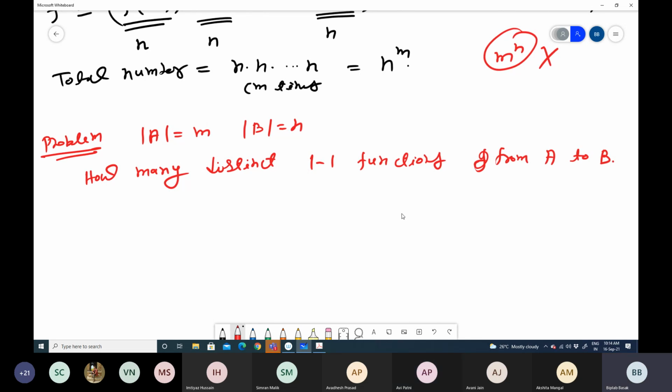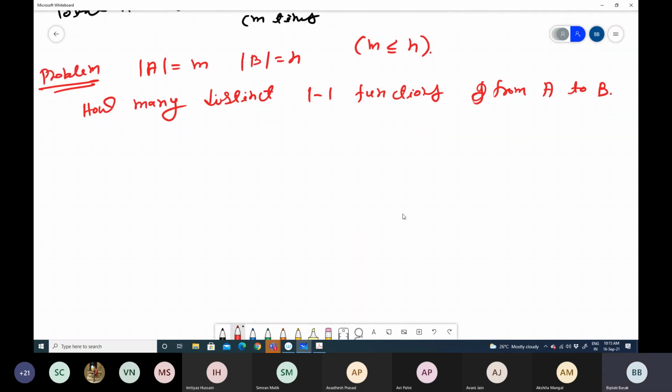So to define a distinct one-to-one function, we need that m is less than or equal to n. Because if m is bigger than n, then we cannot have a one-to-one function, right? So that is a good one.